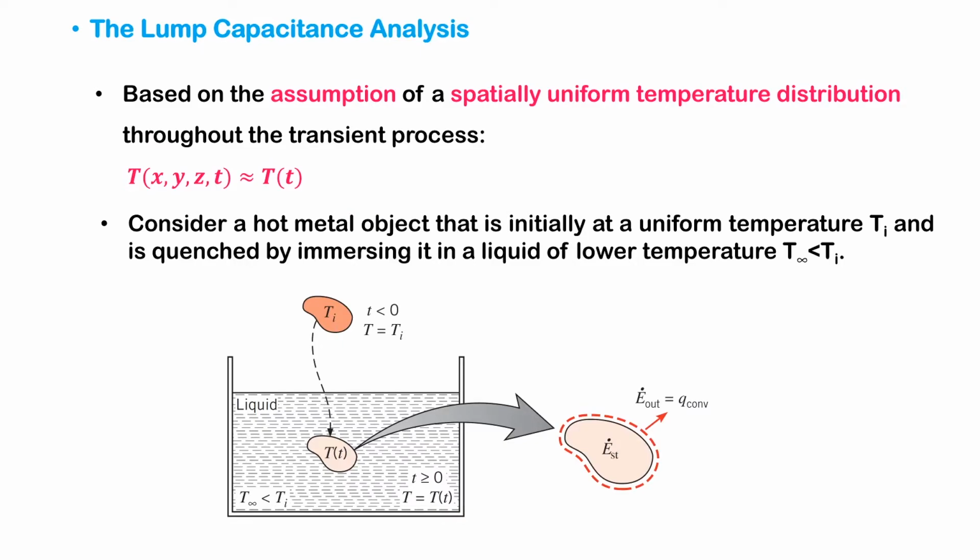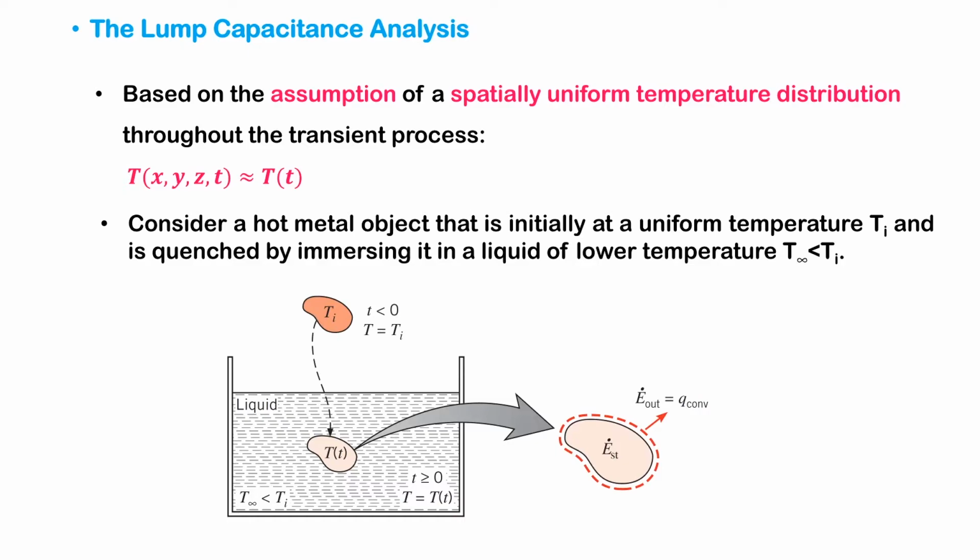Alright, so now we understand under what conditions we can use the lumped capacitance analysis and under what conditions we cannot use it. Now let's see, how do we analyze this? What is the advantage of this method? Let's do an actual analysis.